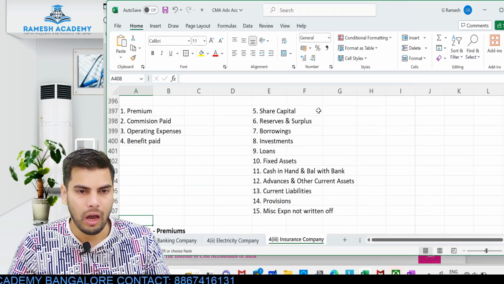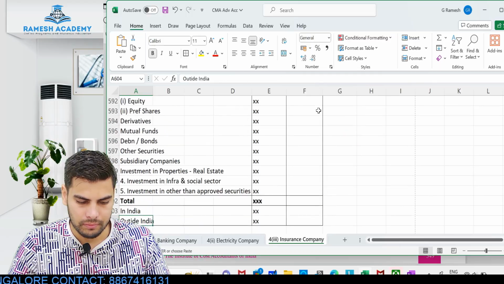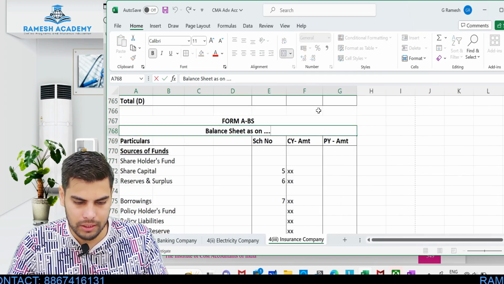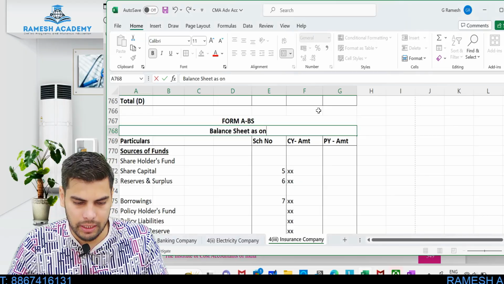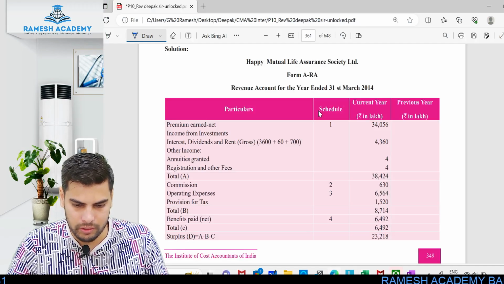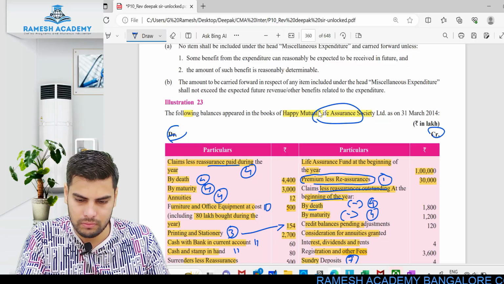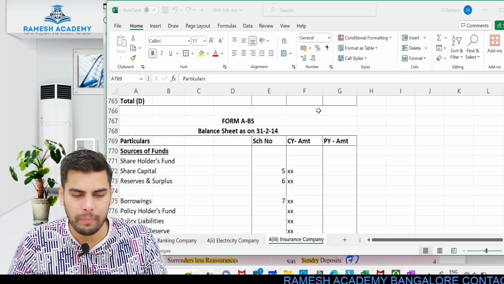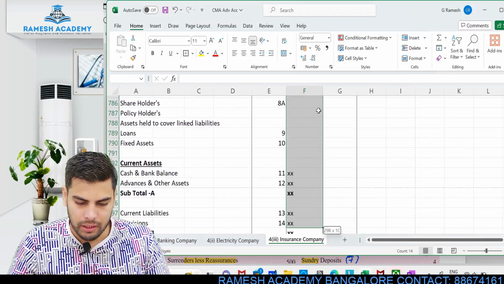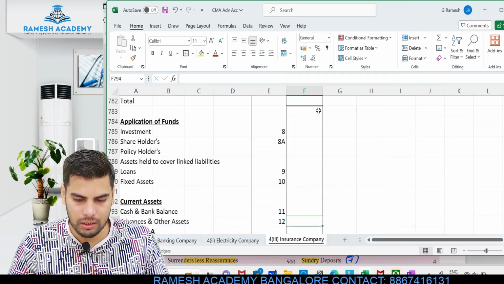It's all about how well you remember this format. This is the balance sheet. Balance sheet as on what date? I mentioned the date, right? 31st March 2014, is it? Yeah, 2014. So let me keep on preparing these schedules now. We just need to prepare the schedules and fill up the figures in the balance sheet.